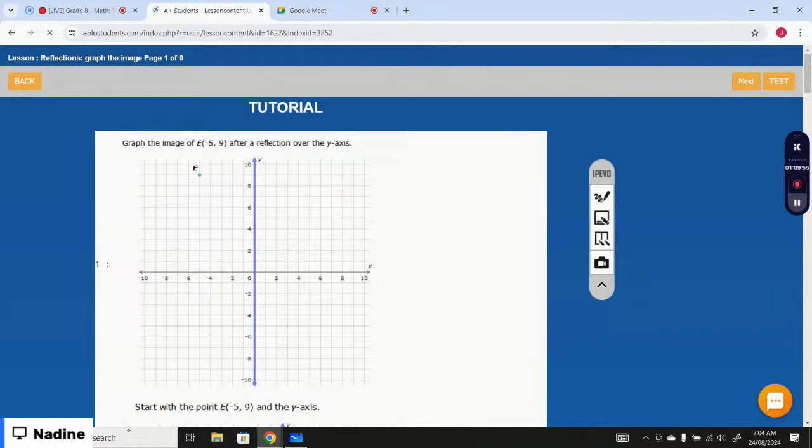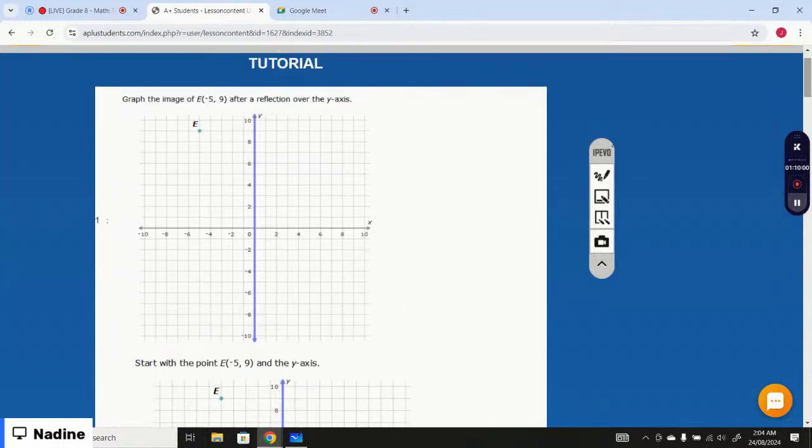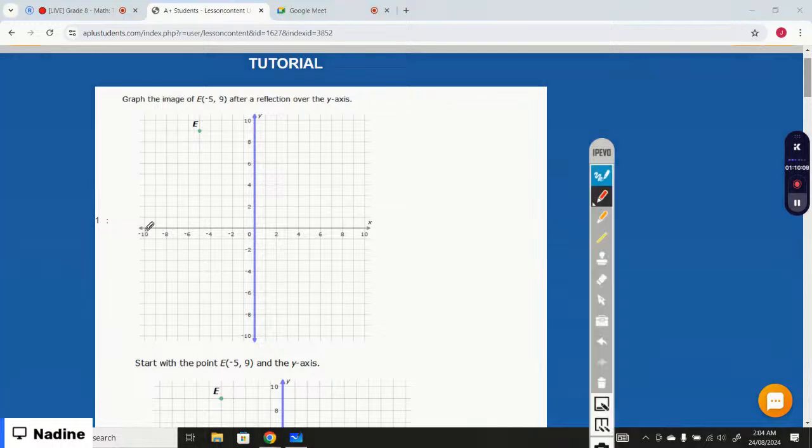Okay, so graph the image of E (negative 5, 9) after reflection over the x-axis. So here is the x-axis. First, let's see. You have to find the distance from the axis.